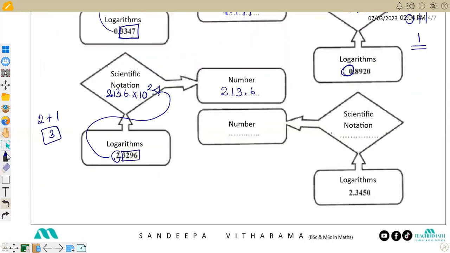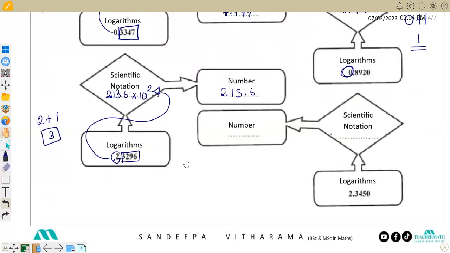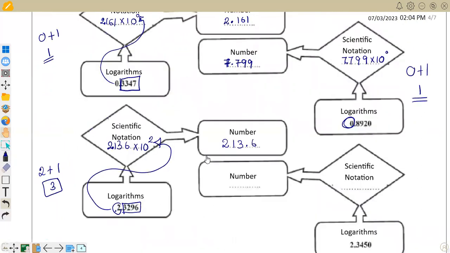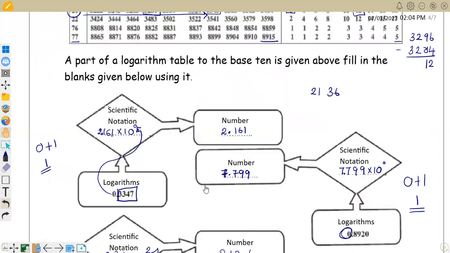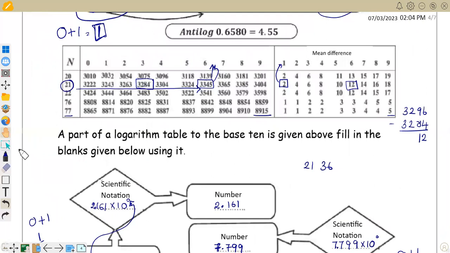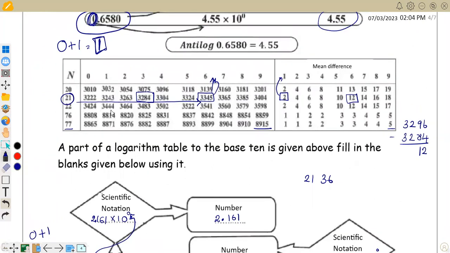The last one, it is 3450. Look at 3450. 3444 is there. Subtract 3444 from 3450. 4 subtract by 10 is 6. Then 6 is not enough.